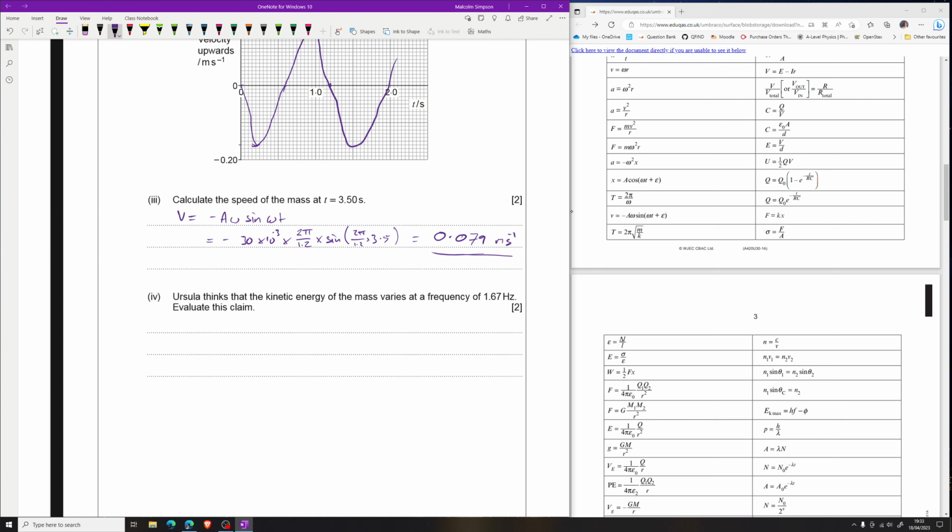Okay, Ursula claims, or thinks rather, that the kinetic energy varies at a frequency of 1.67 hertz. Evaluate this claim. So kinetic energy is proportional to v squared, proportional to velocity squared. Because it's a square, the kinetic energy is maximum twice in a cycle. So therefore it has twice the frequency.